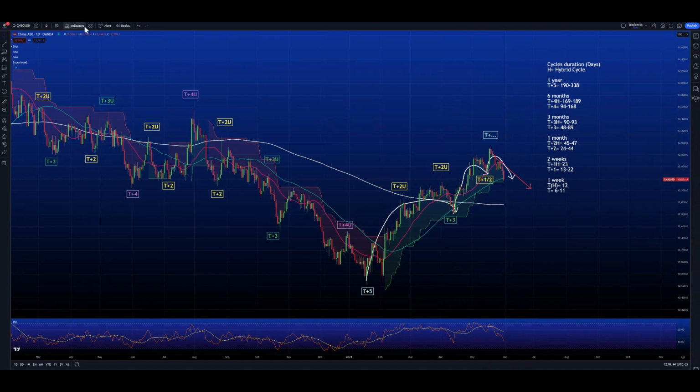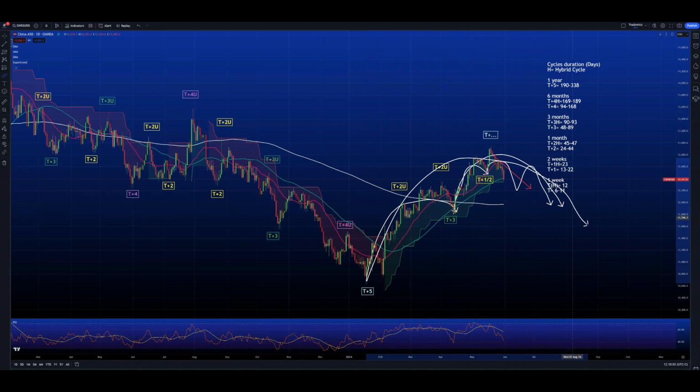Because in this case, what might happen is a first T plus 2, then a second T plus 2, and then back down. So this will allow to close a T plus 3, and the T plus 3 will allow to close also a T plus 4. And in this case, we're going to have also time from here to develop a new T plus 5. So this is the Matryoshka effect that is embedded in the cycle analysis.